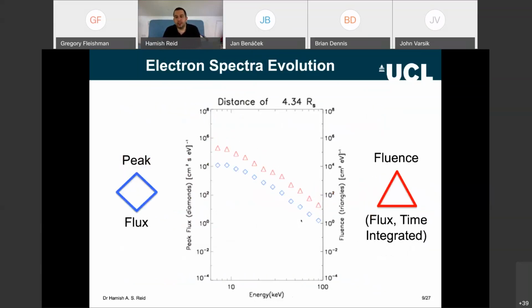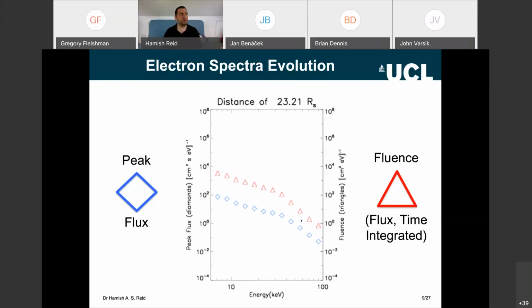We also see a change in the spectral index of the electrons. We inject them with a power law distribution, and as a function of time, that power law turns into a double power law. A double power law energy distribution is exactly what's observed at the Earth from spacecraft like WIND and so on, and indeed now Solar Orbiter and Parker Solar Probe.